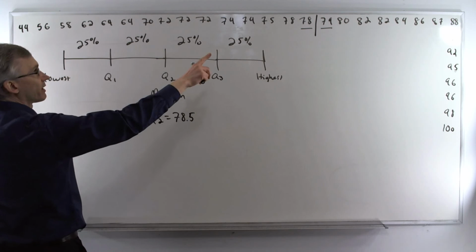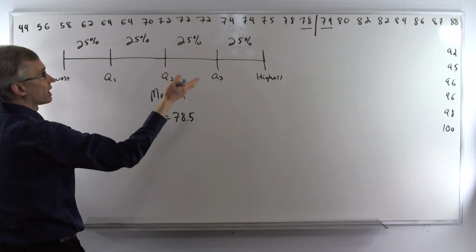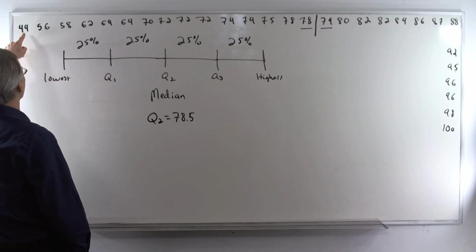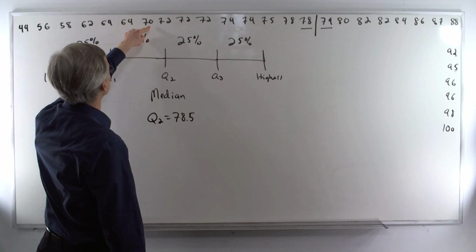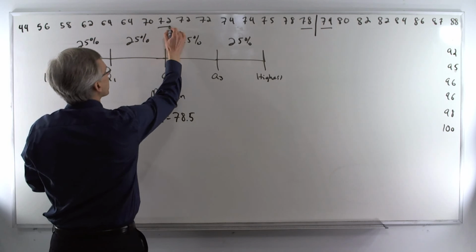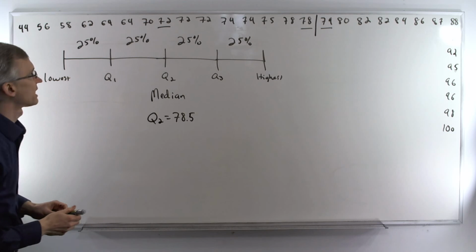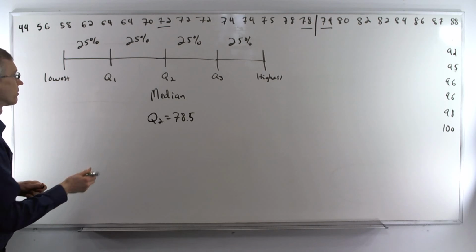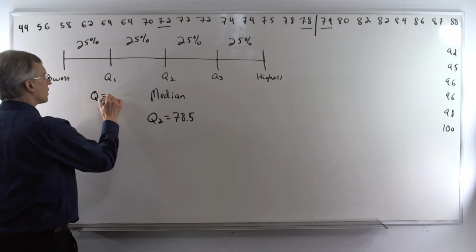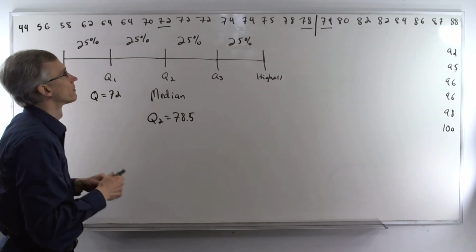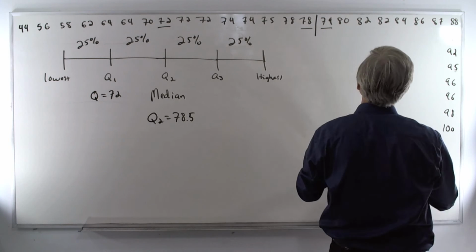So we've got 15 values. So that means we actually have one single middle value. 1, 2, 3, 4, 5, 6, 7. And here's the middle. And 1, 2, 3, 4, 5, 6, 7. So the exact middle is at 72. So that makes Q1 72.